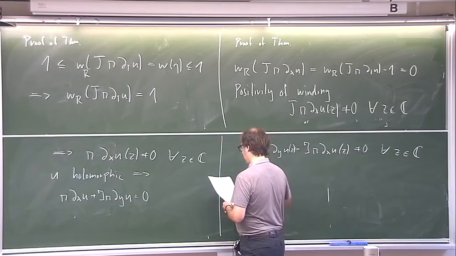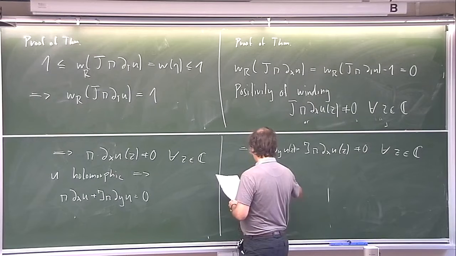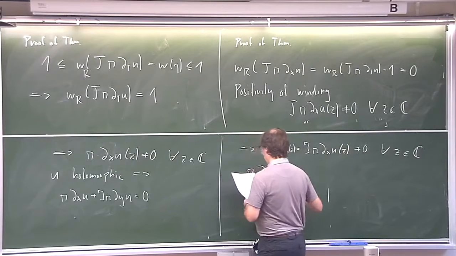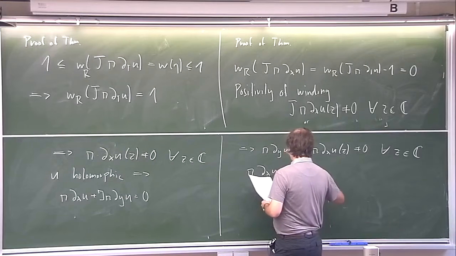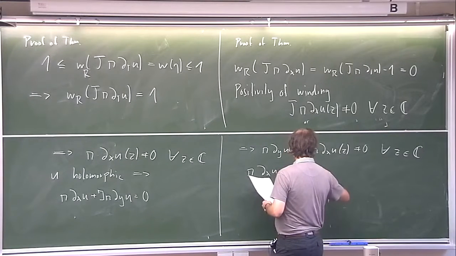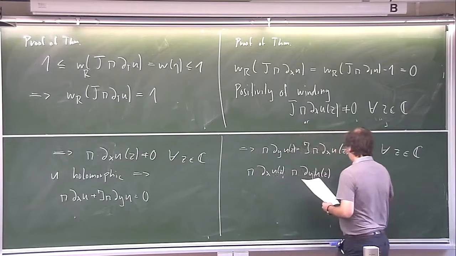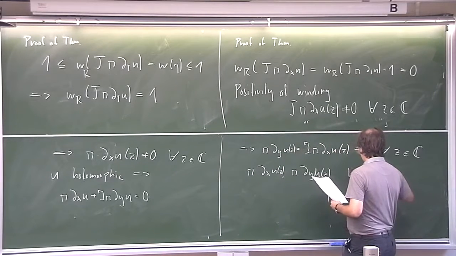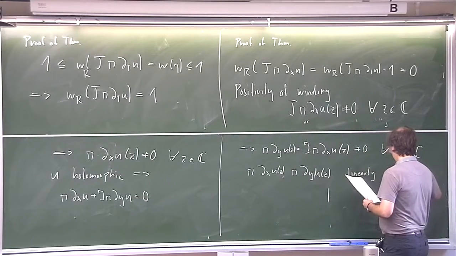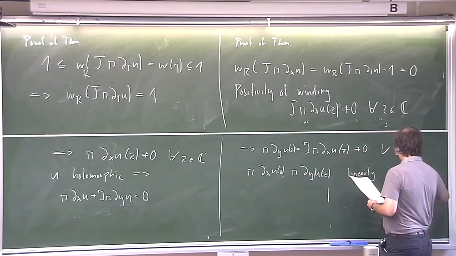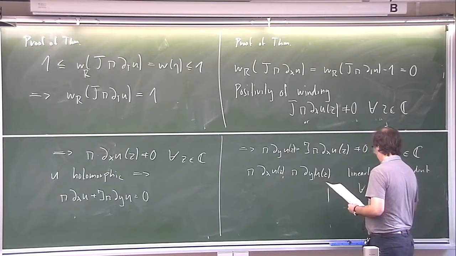So we have pi dxu and additionally pi dyu, and they are linearly independent for all z.